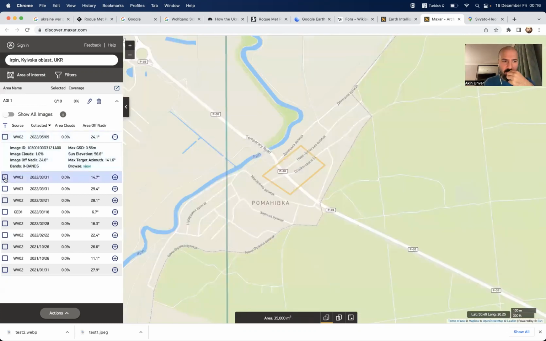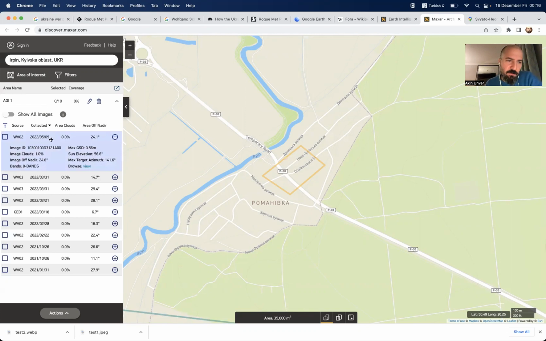And what this section contains is the collection date, 2022, May 9th, cloud area. If it's too cloudy, it's basically too difficult to see when there's cloud cover.